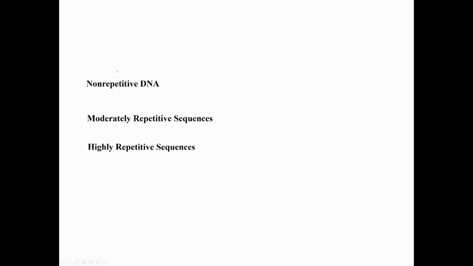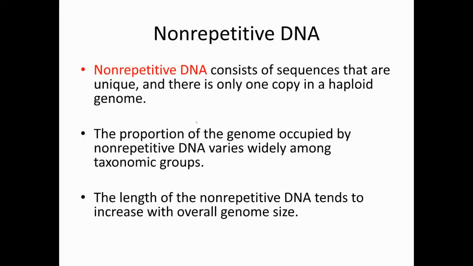So in the genome, we normally see non-repetitive DNA, moderately repetitive sequences, and highly repetitive sequences. Non-repetitive DNA consists of sequences that are unique and present only once or at most a few times in the genome. This DNA includes sequences that encode proteins and also a lot of DNA with unknown function.